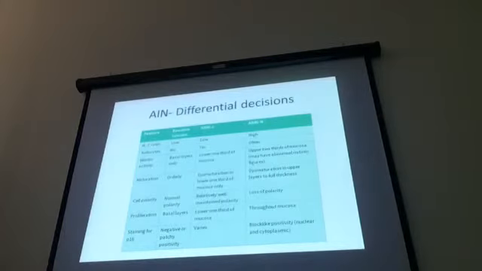So here's a nice chart of the histologic features that we use. We use the nuclear to cytoplasmic ratio. We use the presence of koilocytes. These are not usually present in reactive lesions. We can look at mitotic counts or activity, and especially Ki67 staining.